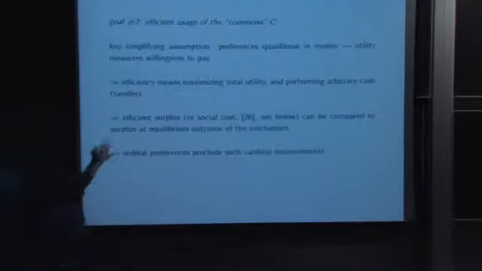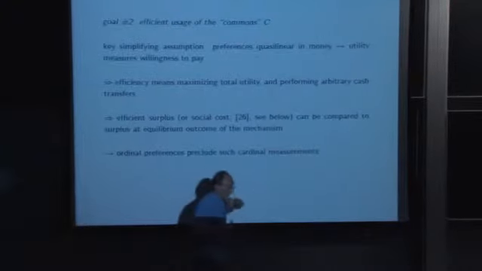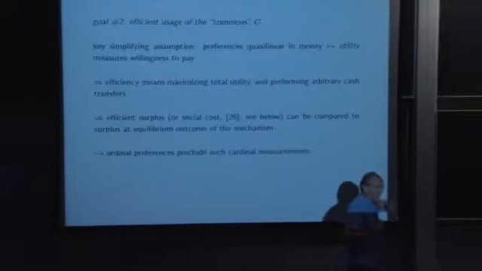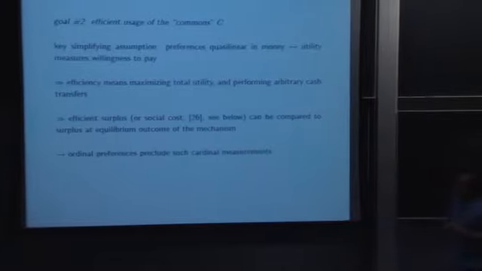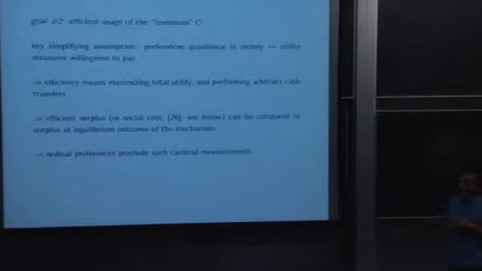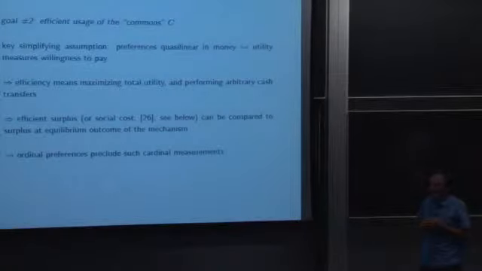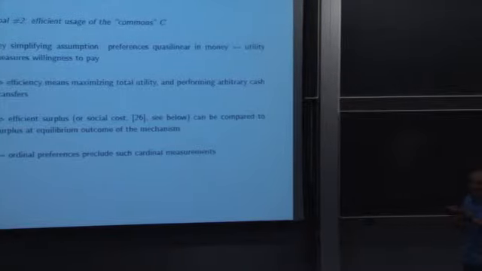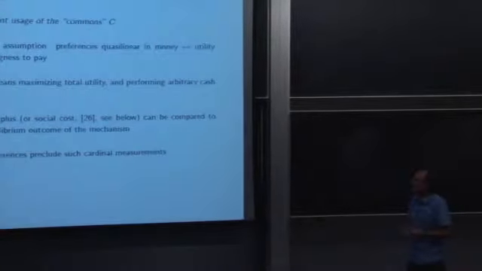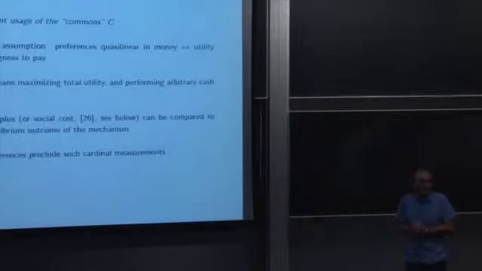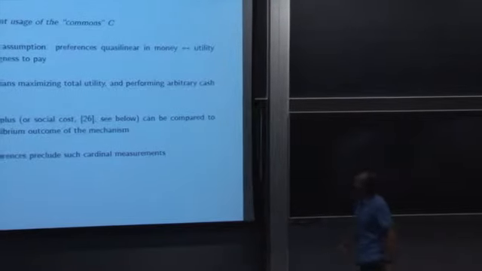So here we're going to immediately adopt an important simplifying assumption, which is the quasi-linearity of utilities. Strictly speaking, you can do quite a bit of the theory without that assumption, but in fact all the important ideas are there already with that assumption, so there is no need for extra complexity.